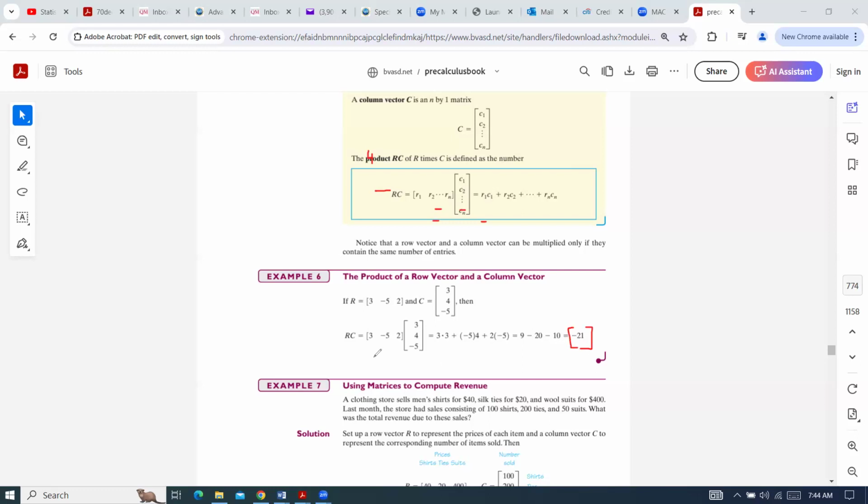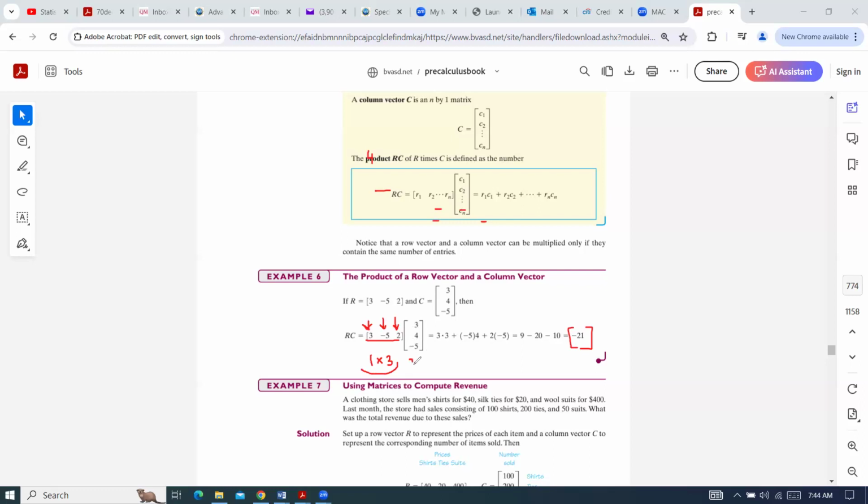Because here you're multiplying a matrix with 1 row that has 3 columns in it, right? First, second, and a third column. And you multiply it with the matrix that has 3 rows.